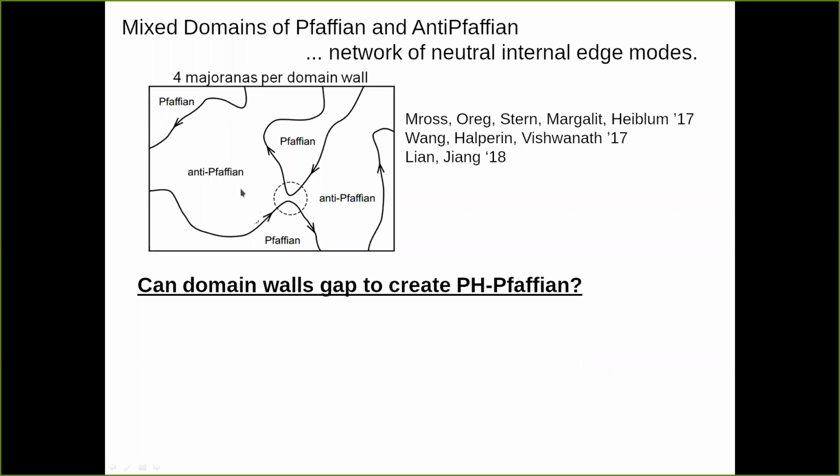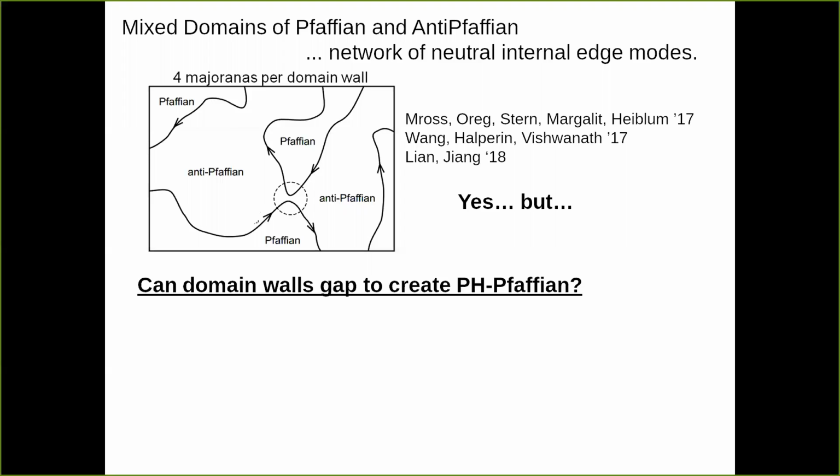You have a bulk system which is exactly symmetric between domains of Pfaffian and domains of their particle-hole conjugate, the anti-Pfaffian. And if you could then somehow make that whole thing melt into one quantum Hall state, it would have to be particle-hole symmetric. And the PH Pfaffian is the only thing on that list that it could be. And you could then argue why it has to have the topological properties of the PH Pfaffian over long length scales. So the answer to this appears to be yes, but.